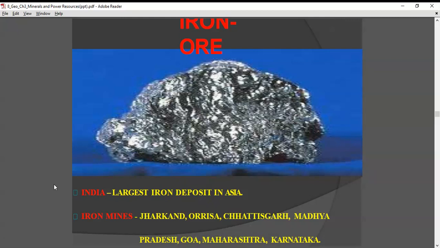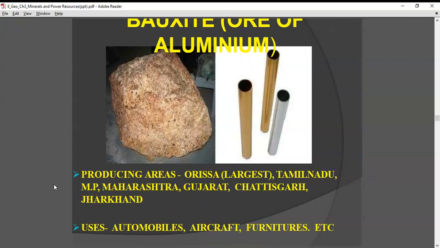But the grade is a little bit low. It is not a very high grade of iron ore which is found in the majority of India. Iron mines are in Jharkhand, Odisha, Chhattisgarh, Madhya Pradesh, Goa, Maharashtra, and Karnataka. These are the places where we have the majority of iron mines.